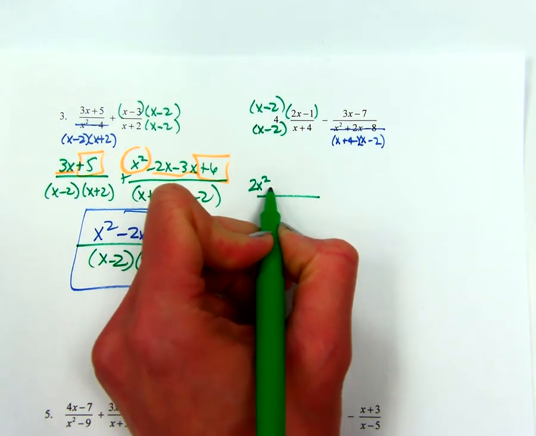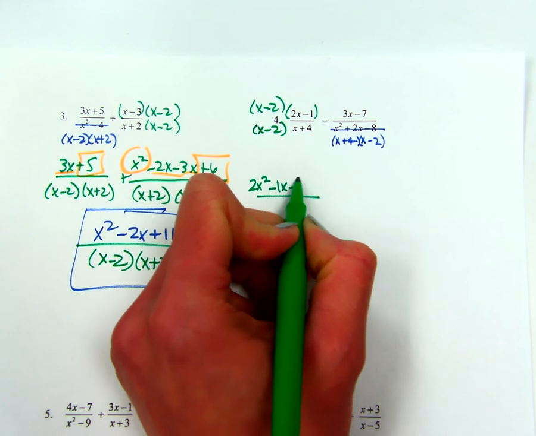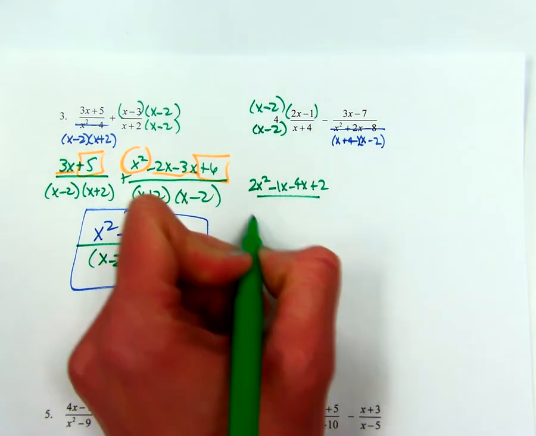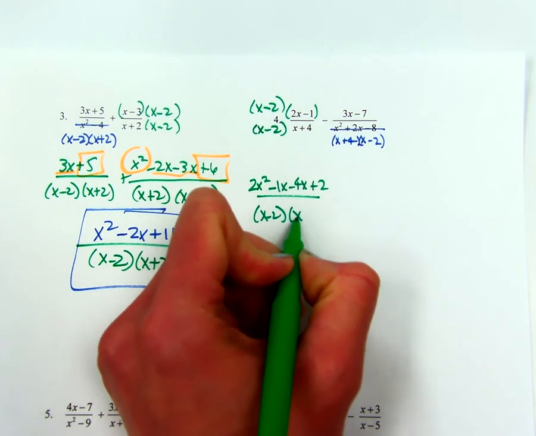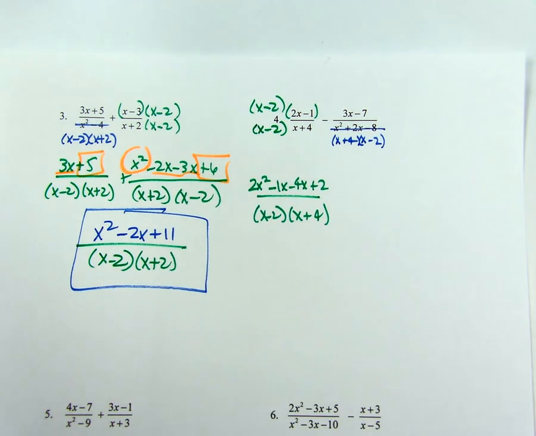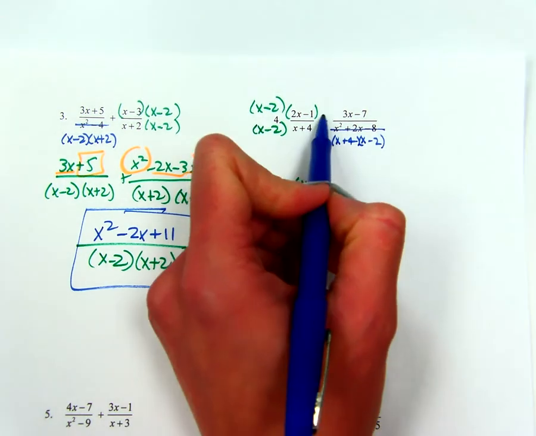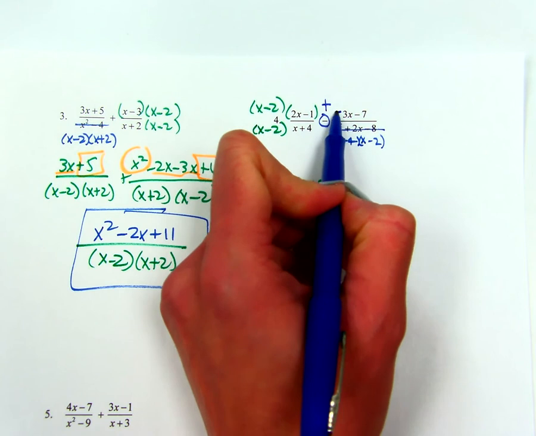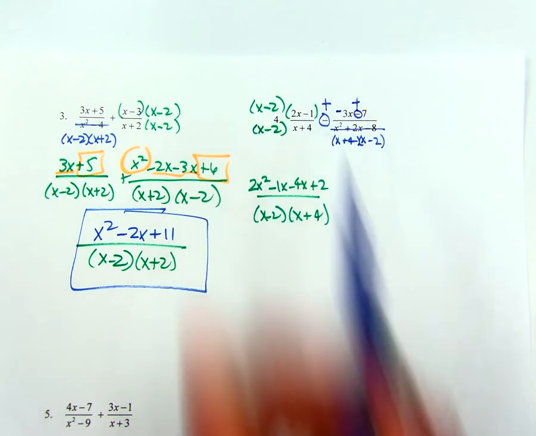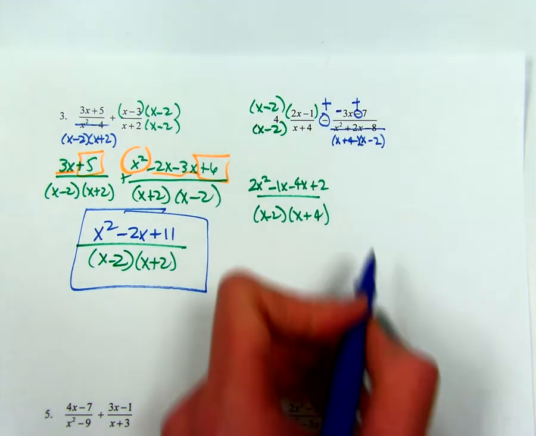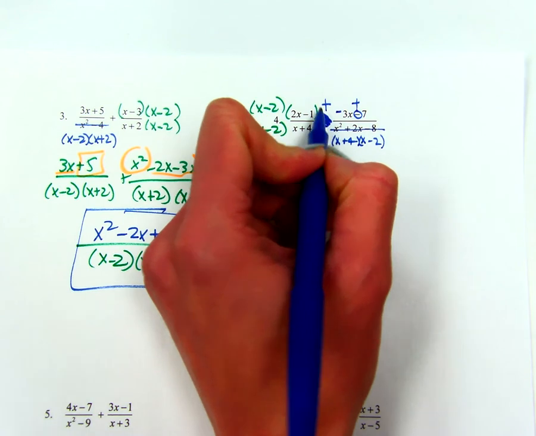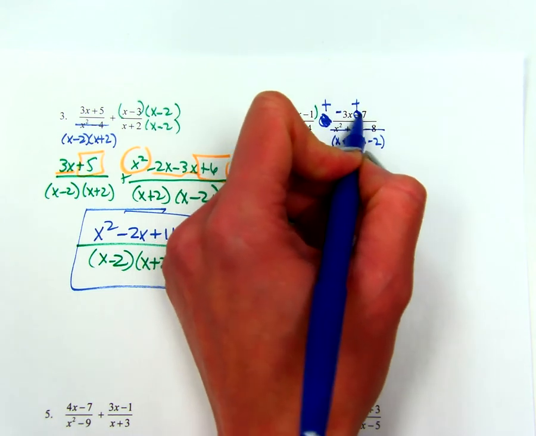I have 2x squared minus 1x minus 4x plus 2 over x minus 2, x plus 4. And then I am going to change this negative sign to plus, negative, positive. So I'm just going to change all my signs here. Alright, so I'm looking at this as plus a negative 3x plus 7.